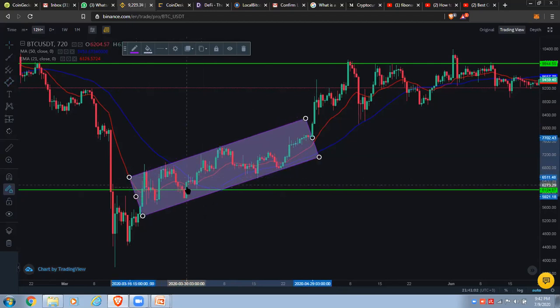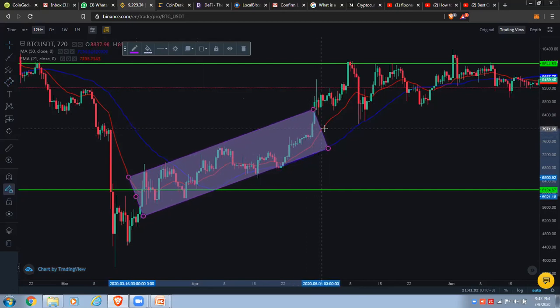The price was traveling inside that channel to the upside, and then we exited that channel at this point, where we broke right above. So this was the channel. So this was the uptrend. It goes up and down, but always in the general direction. That's why it's called an uptrend.